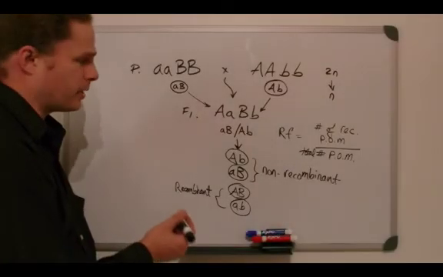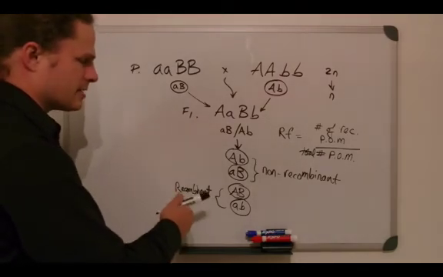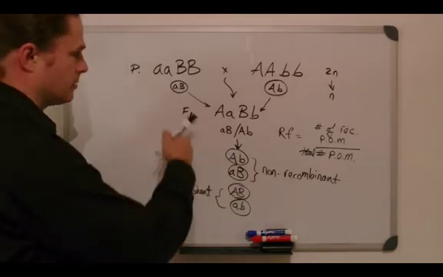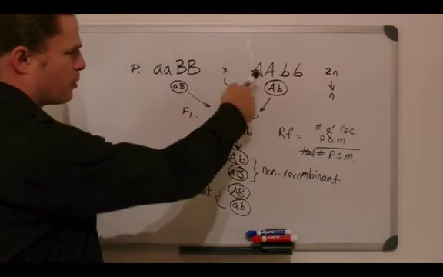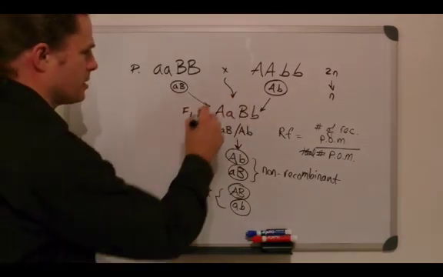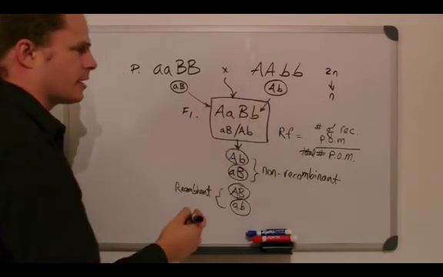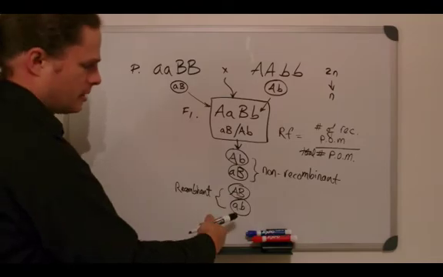One thing that's important to point out at this point is that recombination is strictly defined as new combinations of alleles in output products of meiosis when compared with the input products of meiosis. So it's all about what's going in and then coming out of this dihybrid. We have input sets and then we have output sets.